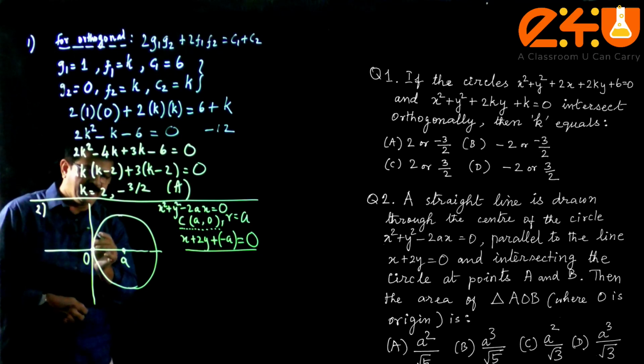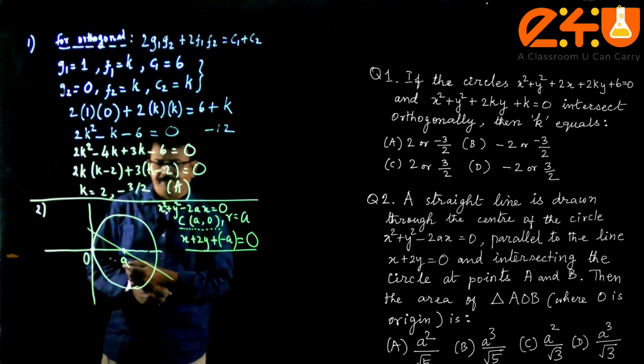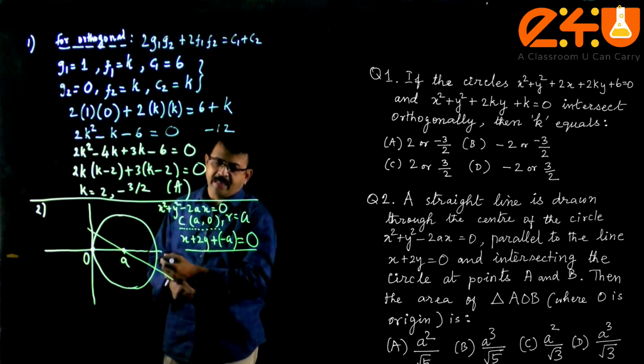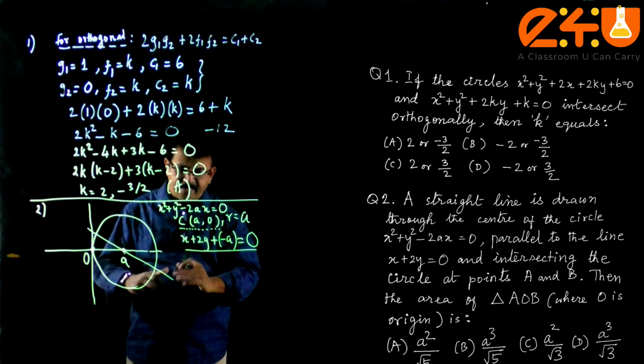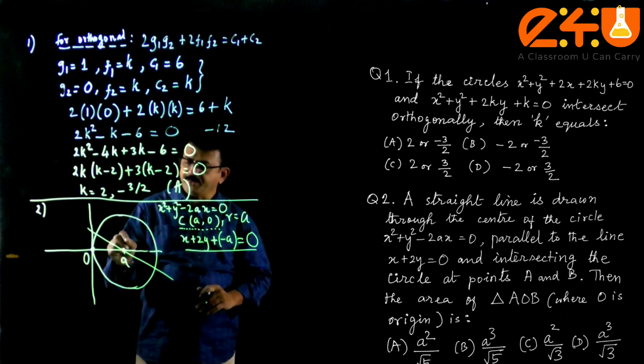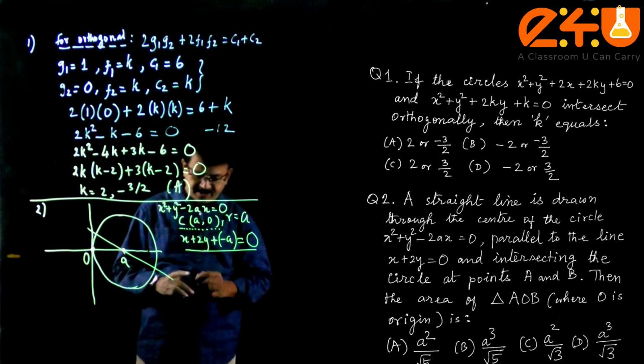So roughly I can say the line looks like this. And we have done our part of making a line passing through the center and parallel to the given line. That part we have completed.